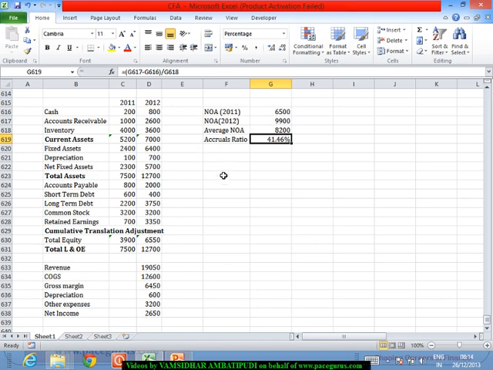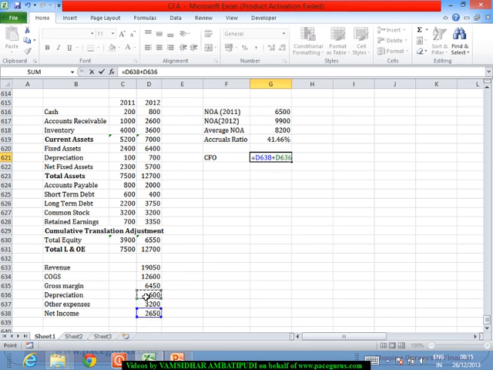So from here also, if I want to know my cash flow from investments, exclusively from here, right, probably let's look at the cash flow from operations first, where I will take net income plus depreciation minus increase in current assets.